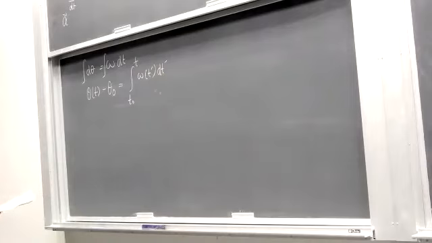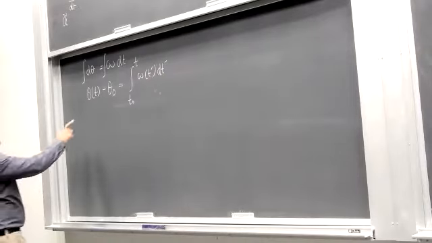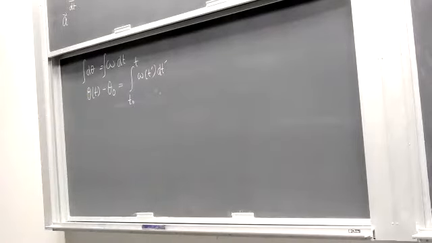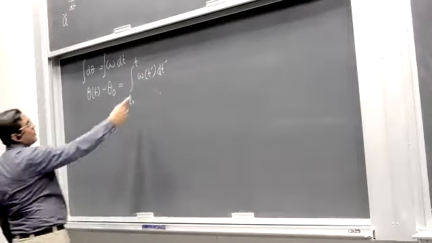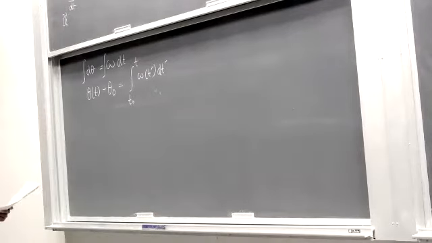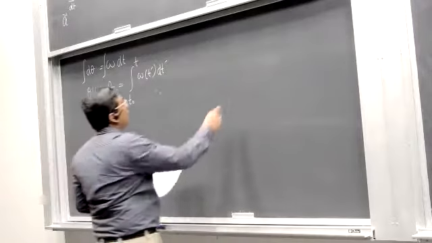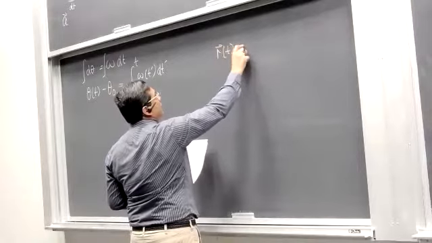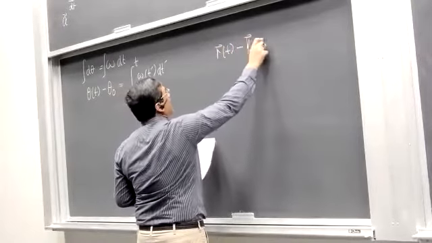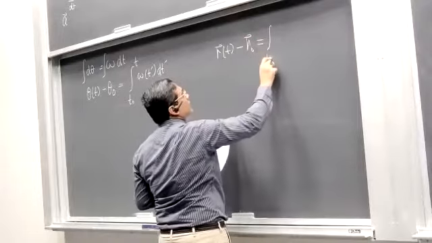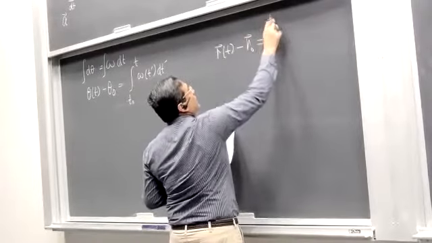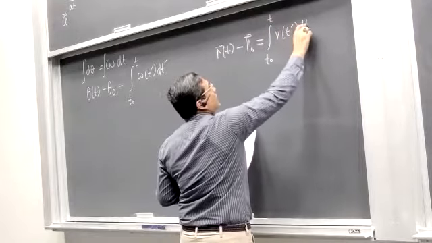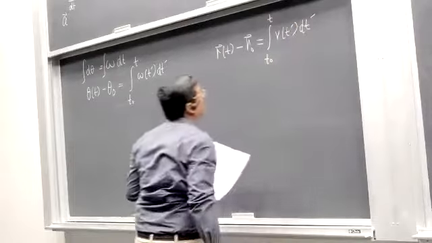So that's the most general relationship between the angular position and the angular velocity. It's general because even if the velocity is not constant in time, this holds true. And it's not very different from this. I'm sure we had this equation somewhere: r minus r naught equals the integral from t naught to t of v t prime dt prime.